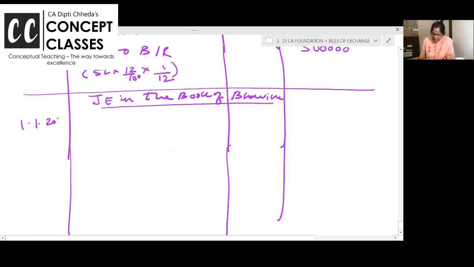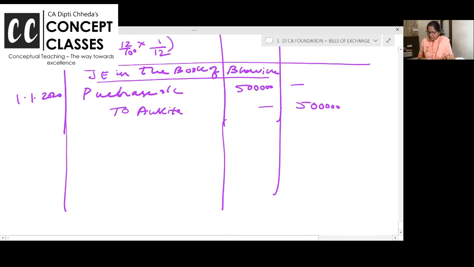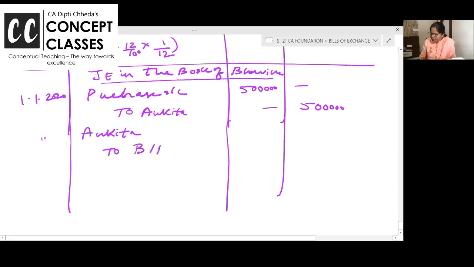So 1st of January, purchase account debit to Ankita, 5 lakh. Ankita account debit to bills payable.